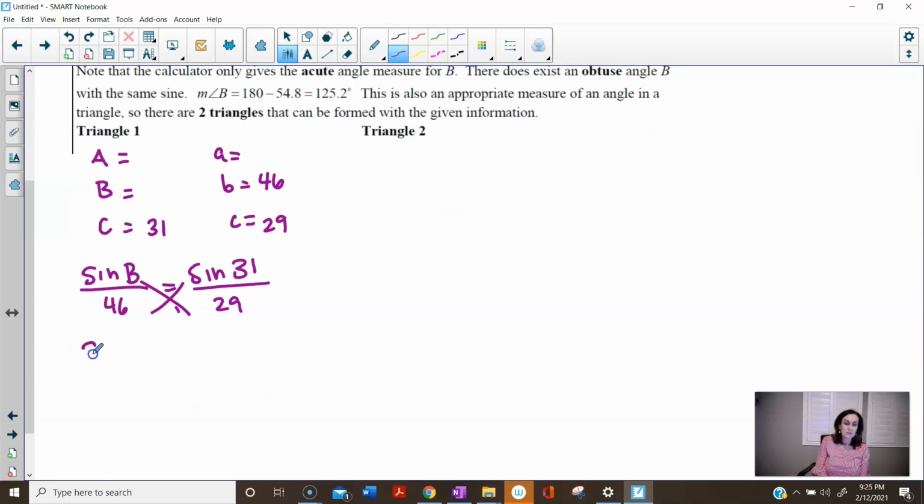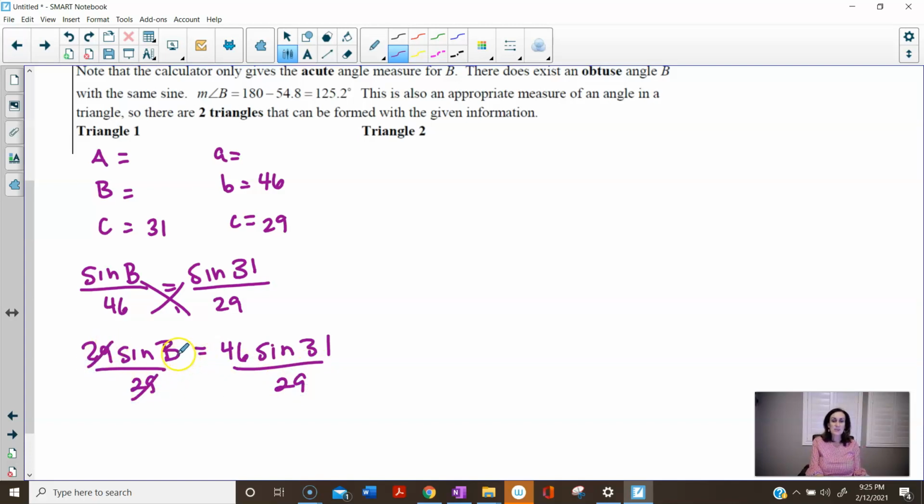So 29 times the sine of angle B is equal to 46 sine of 31. And then you would divide by 29. And then again, anytime you're solving for an angle is when you take the inverse sine. So angle B is going to be the inverse sine of this fraction, 46 sine of 31 over 29.